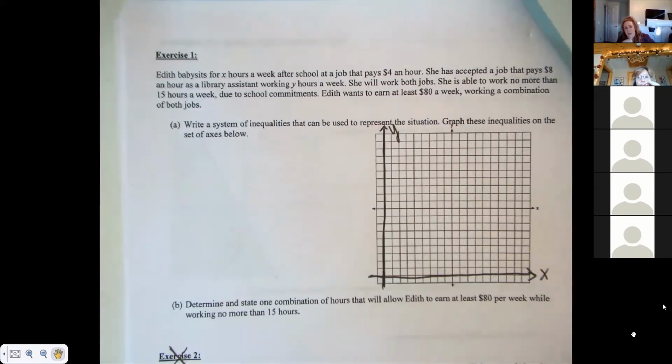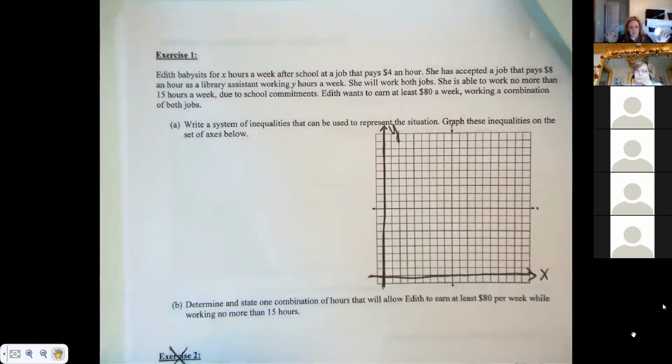So part A says, write a system of inequalities that can be used to represent the situation and graph the inequalities on a set of axes. Okay, so what is nice is that when you do see these on a Regents, you're not going to have to guess if it's a system of equations or system of inequalities. It will usually tell you. So this one tells me inequalities, so that means I better have inequality signs, okay?